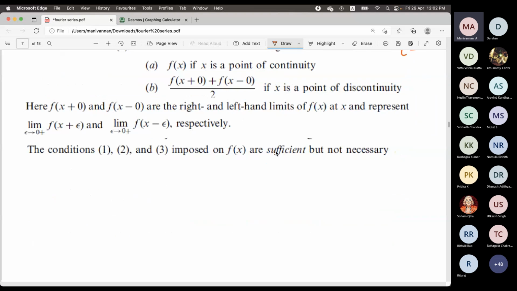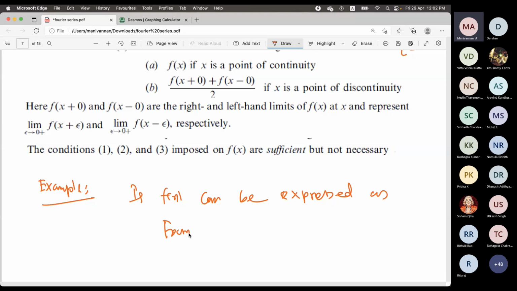For example, can f of x be expressed as a Fourier series if I define f of x equals 1 divided by x minus 2, without defining any interval?